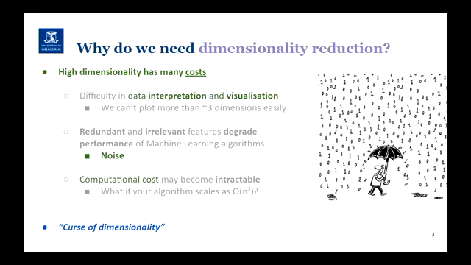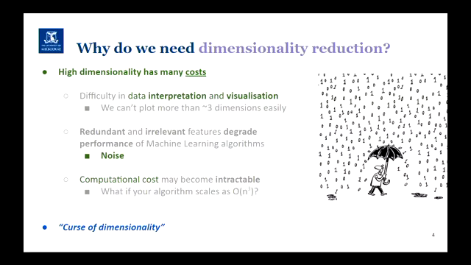We've been generating a lot of data over the years, and with that we have a lot of dimensionality, a lot of interesting data to analyze, but that comes with a cost, and that cost has basically three issues. The first one is that high dimensionality data comes with an inherent difficulty in data interpretation and visualization, because we can only see 3 dimensions.